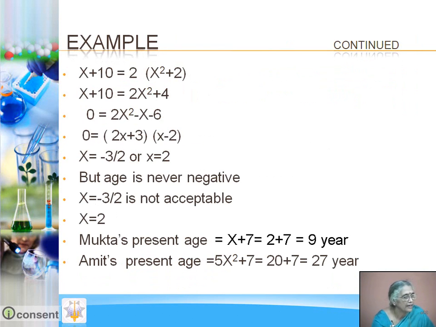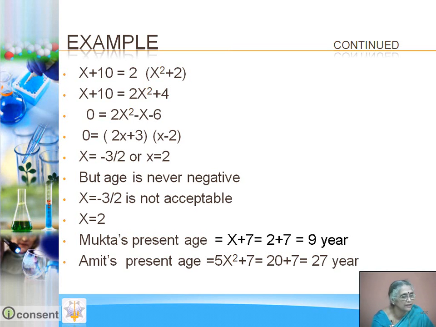Simplifying this, you can write x plus 10 is equal to 2x square plus 4. When you transfer the terms, you will get 0 is equal to 2x square minus x minus 6. Again, split the middle term and you can write 2 factors.